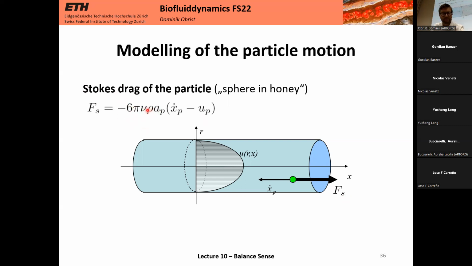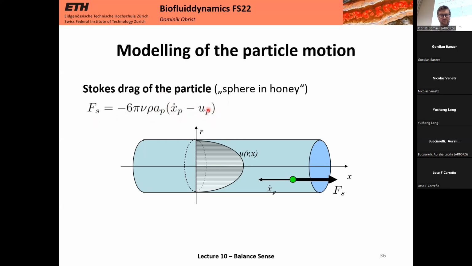This is a formula which gives us the drag force of a particle as 6 pi times nu, the viscosity of the fluid, times the radius of the particle, times the velocity.